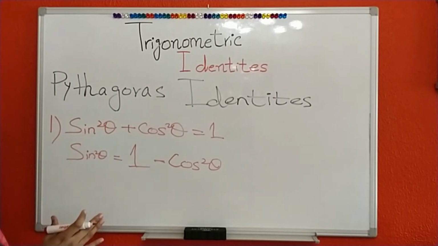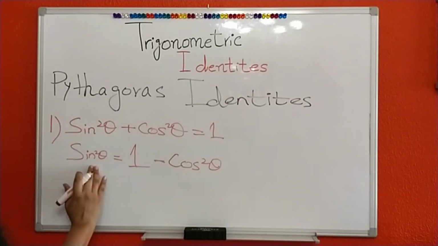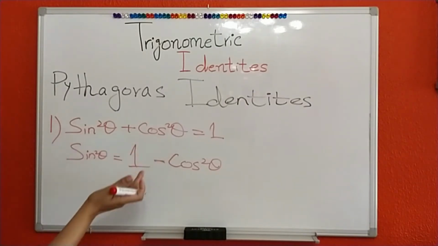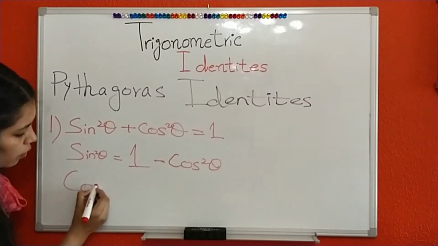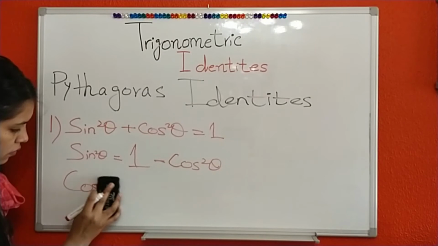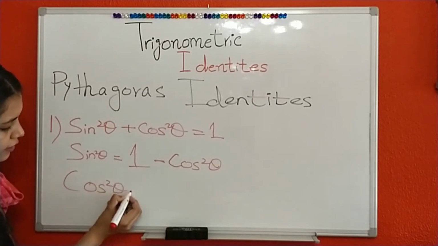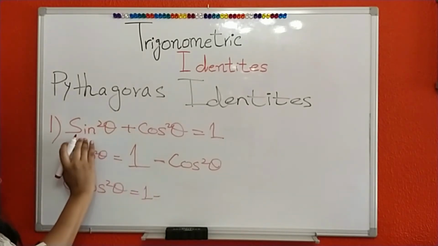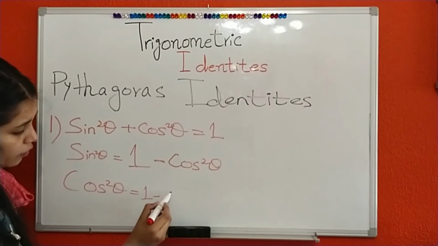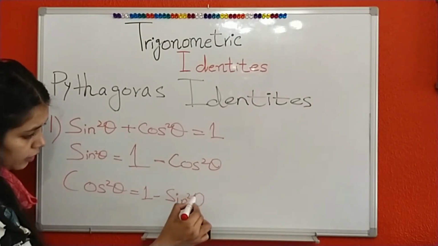From a single identity we can generate two more formulas. Like I have generated here the formula of sin²θ. Now I can easily generate the formula for cos²θ. Cos²θ is equal to 1 minus, I will shift the sin² here, 1 minus sin²θ.